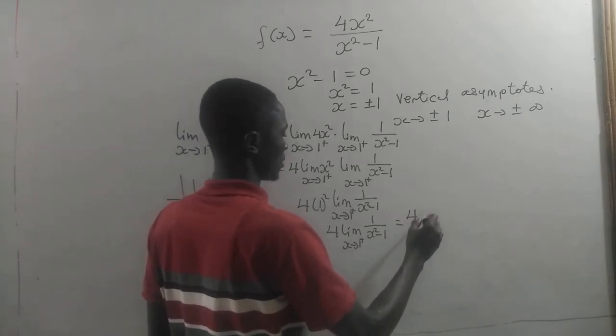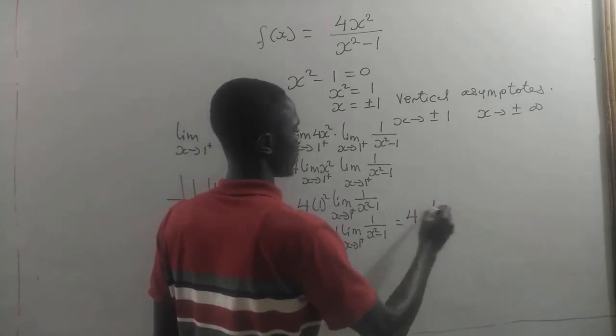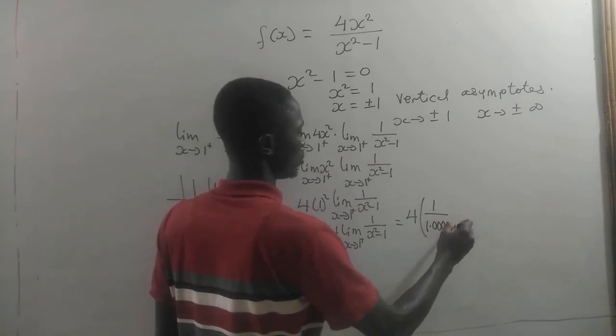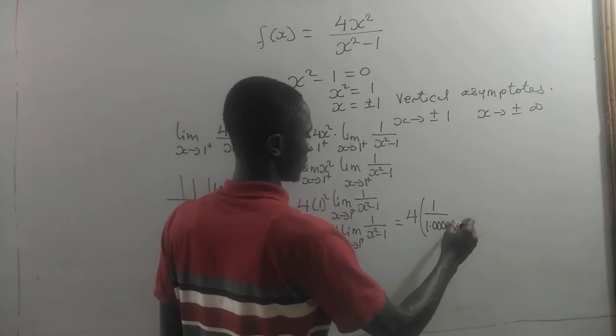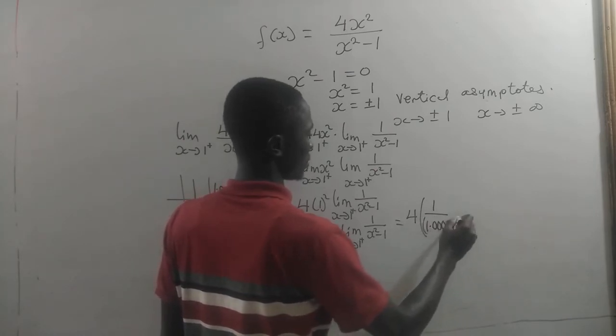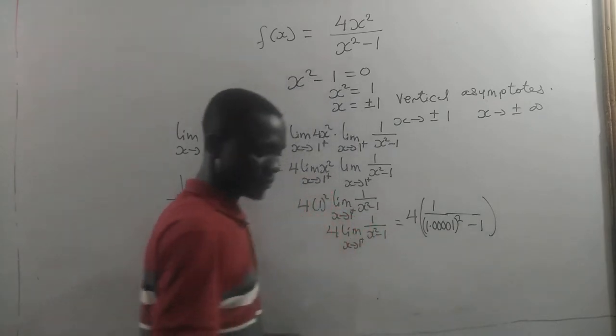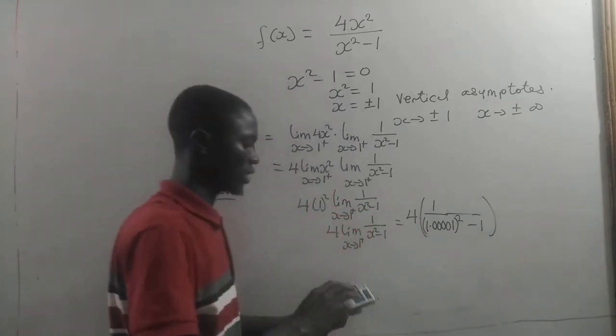So here, this is the same as 4 times 1 divided by 1.00001 squared minus 1. Check that with your calculator and you see what you are going to get.